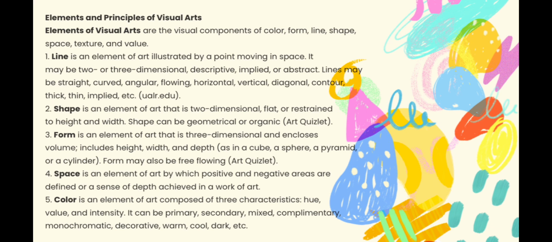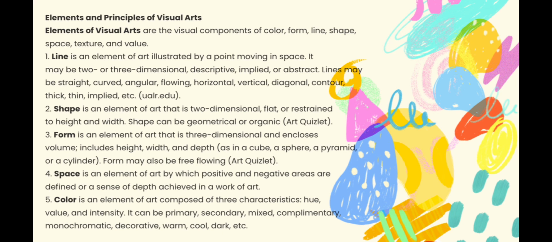But form may also be free-flowing. Number 4 is space. Space is an element of art by which positive and negative areas are defined or a sense of depth achieved in a work of art.